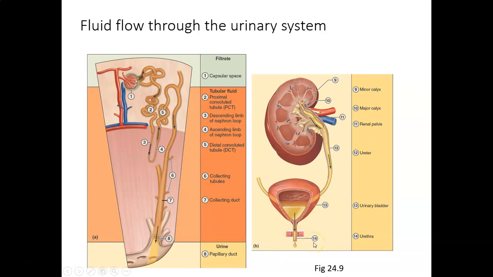So that's the entire flow, where you're going to identify all those structures in the lab. You should be really familiar with all the terminologies mentioned in this diagram and be able to identify them on the model or diagram.